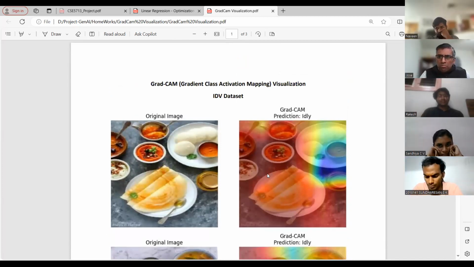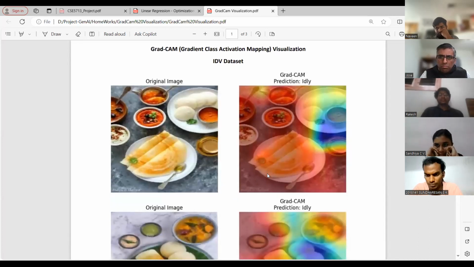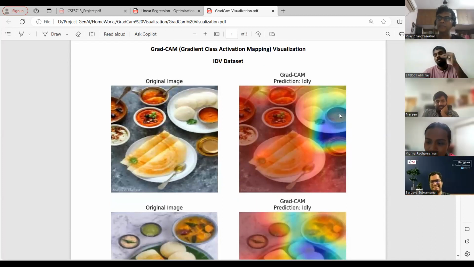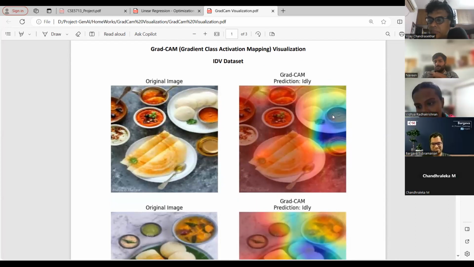Do you understand how GradCam works? No, Naveen. Not to the extent that. What the thing is, the weights are not going to change for each and every image. The weights will be the same. Whenever you get the input image, it gets multiplied, and the pixel which has more weights, I think it will come out here.